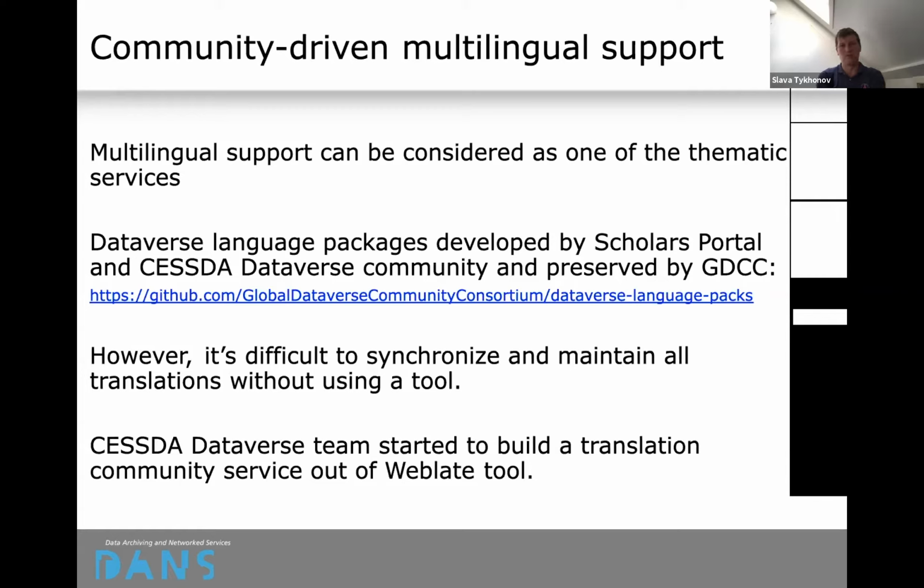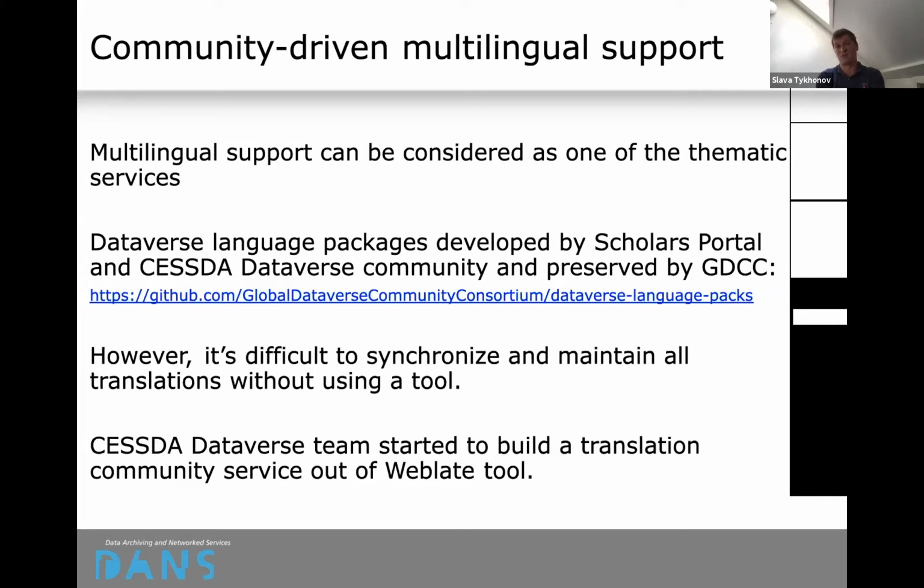You probably know that for different countries, it's quite difficult to maintain properties in different languages. So there is a repository created by Scholars Portal where we accept all these translations contributed by different partners. However, it's very difficult to synchronize and maintain all translations without some tool. And in our case, it's Weblate.